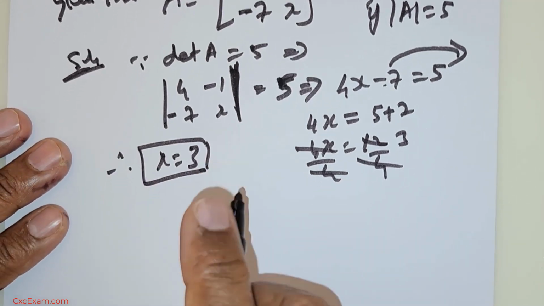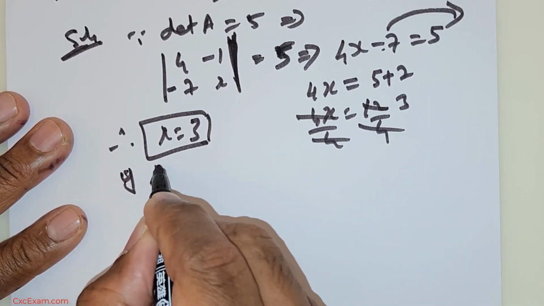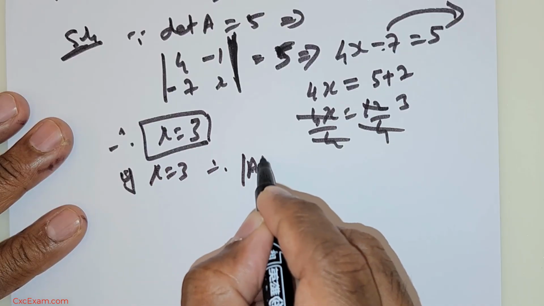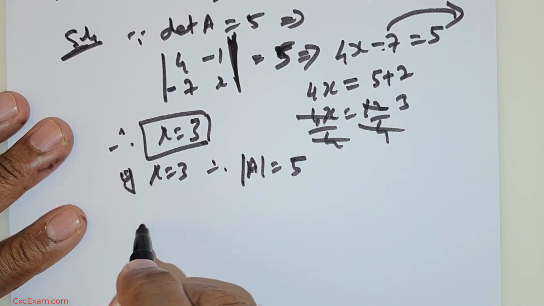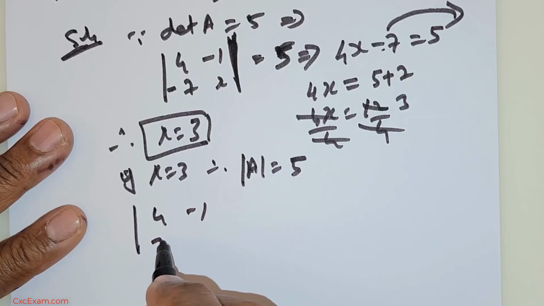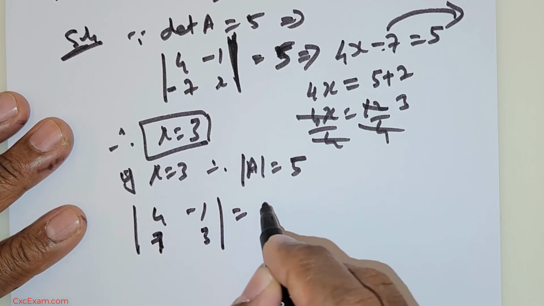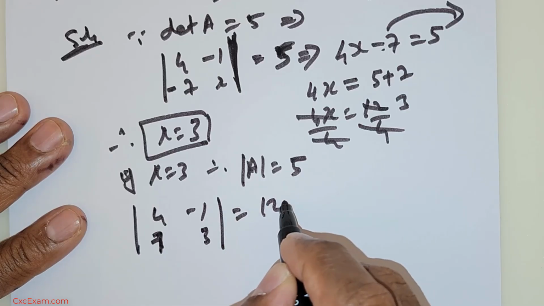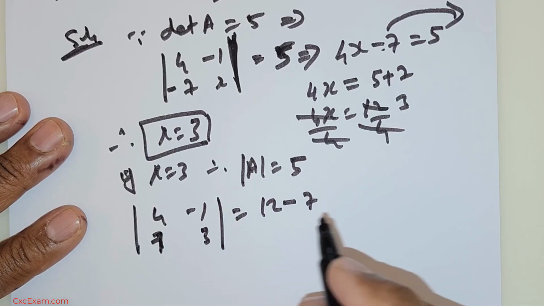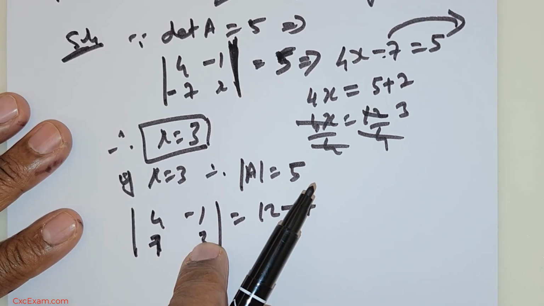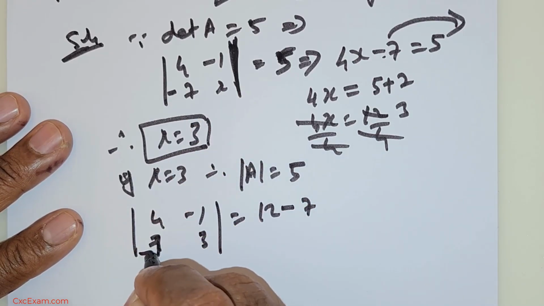Now you can perform a check. If X is equal to 3, therefore determinant of A should be equal to 5. Right? So 4, negative 1, negative 7 and 3. You get the determinant. 3 4s are 12. Along this side it goes here, you get a negative. This is already a negative 7, so you have to place a negative.